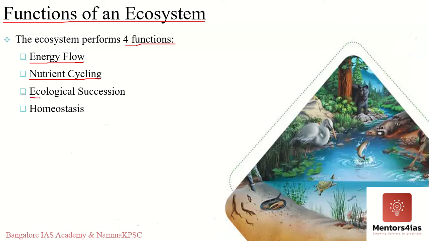The third function is ecological succession, which involves ecosystem development. And the fourth function of the ecosystem is homeostasis, which renders stability and feedback control mechanisms when you take any particular ecosystem. So in this particular video, I'll be discussing energy flow, the first function of the ecosystem, and in successive videos we'll deal with the remaining functions of an ecosystem.